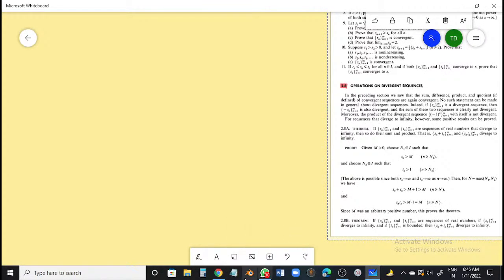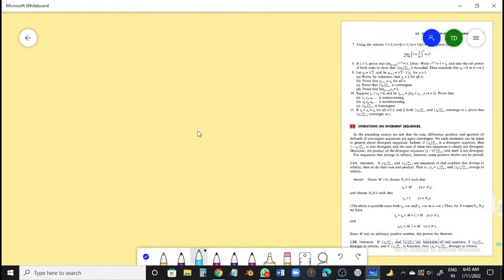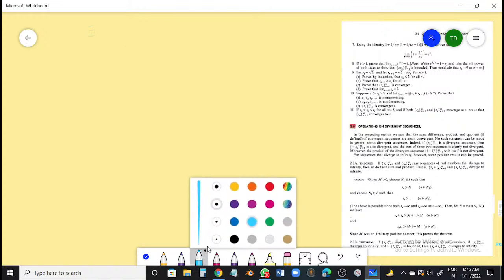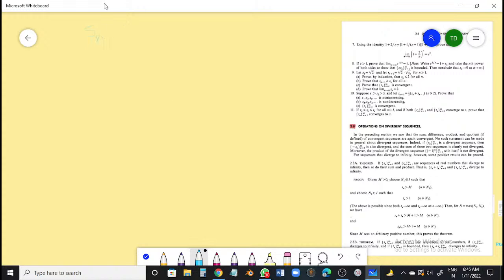So in this case, let's have sequence Sn and sequence Tn, both divergent sequences, meaning you will be able to find some real numbers after which the spread cannot be controlled.